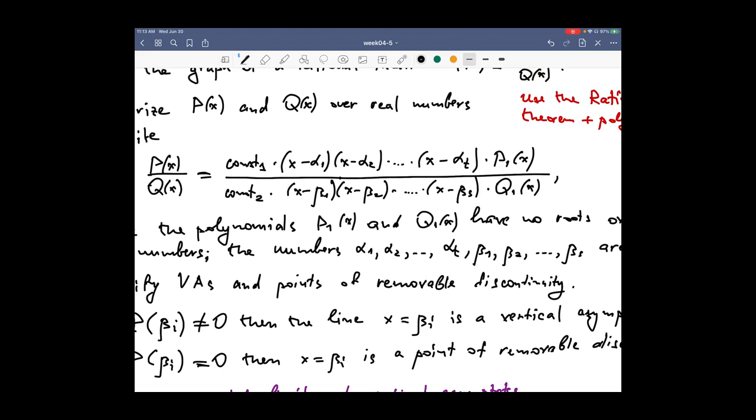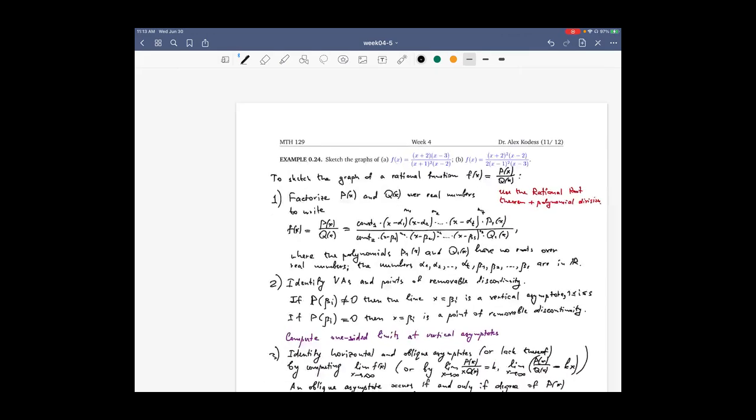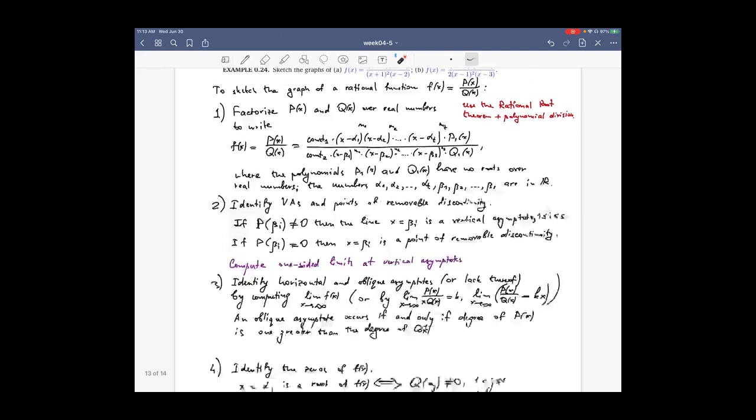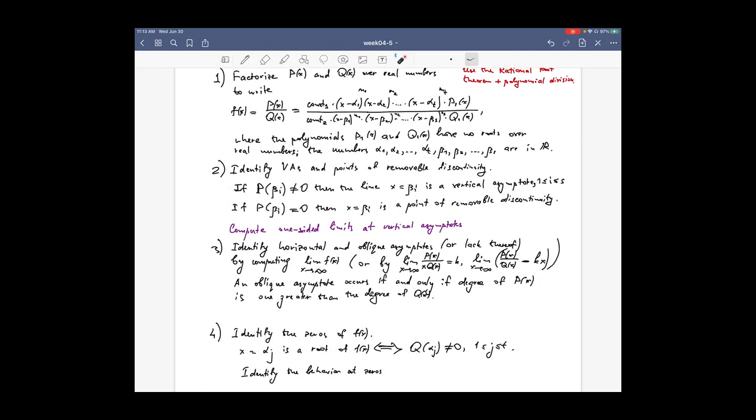Maybe use letters M1, M2, MT, and the same here, N1, N2, and S. So suppose some alpha is a root of f. It's a root of the numerator, but not a root of the denominator. How do you determine if it'll be a crossing or a touching? It depends on the parity of the corresponding power.